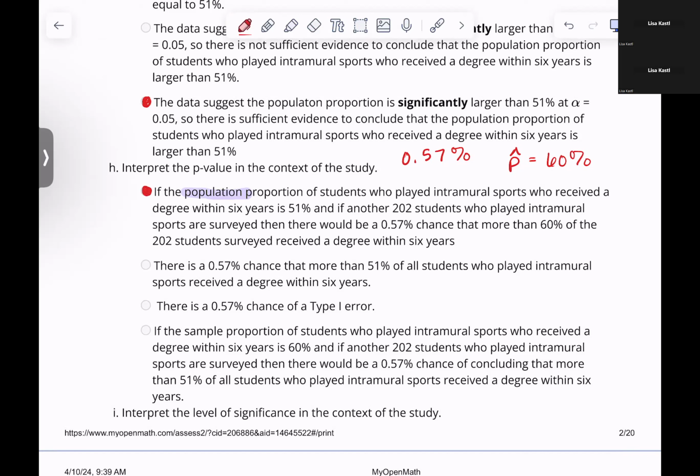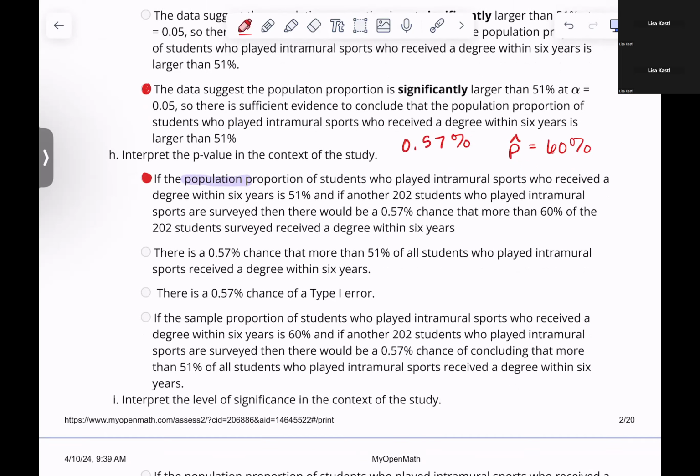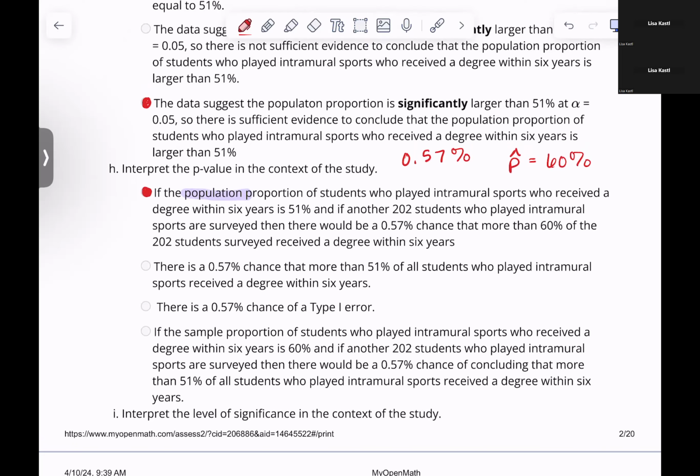And they do give you some information about the p-value is 0.57%, so that's in there, and the p-hat 60%, that's in there. That's where that comes from. What did I just say? The wrong one, didn't I? No, I'm right.